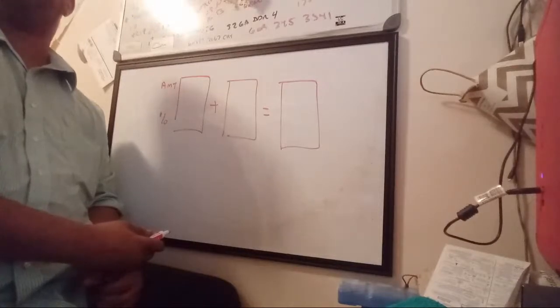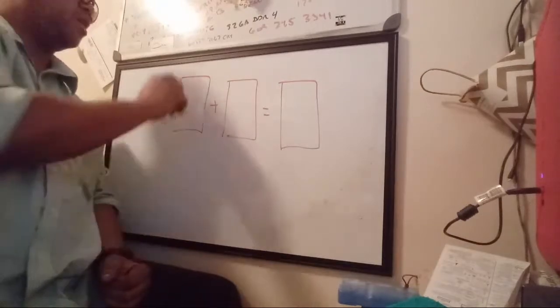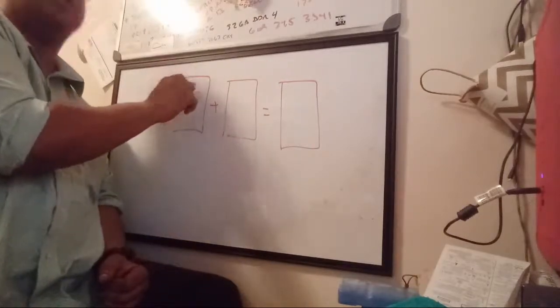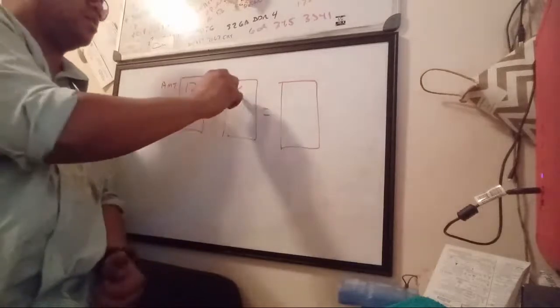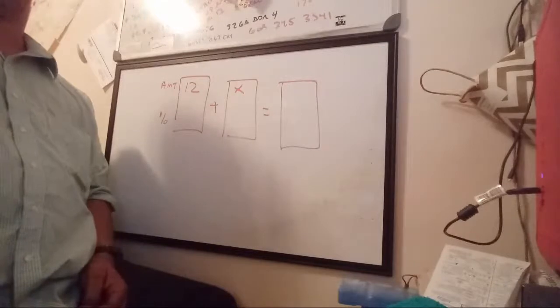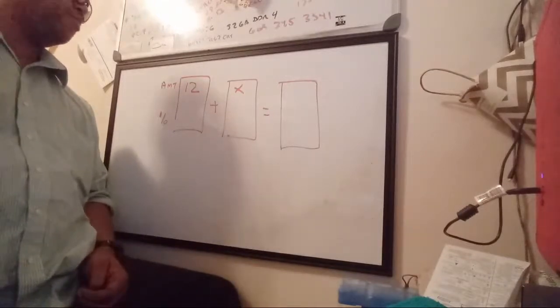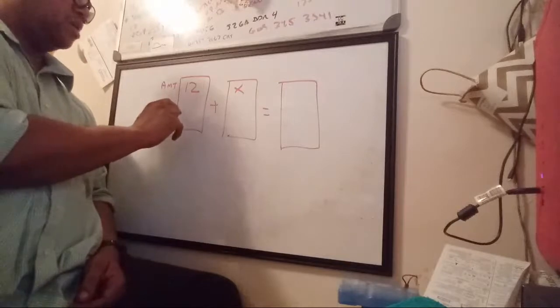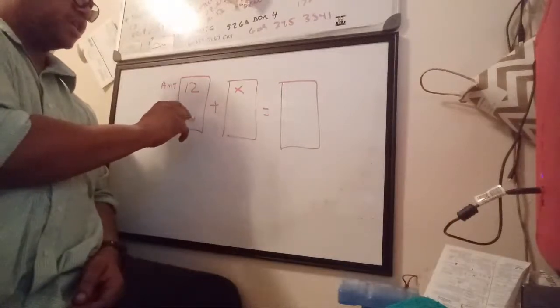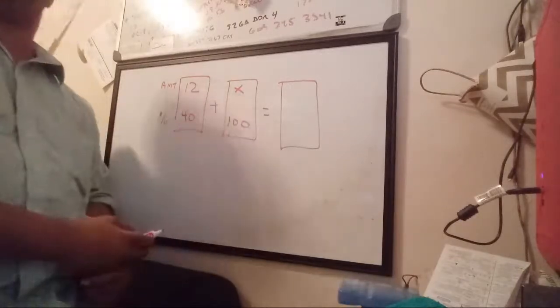Now, we have the amounts up top, and how many ounces do we have of the 40% solution, Jazz? 12. All right, so you could put 12 there. We don't know how many ounces of the pure acid. What are our percentages? 40%, so we put a 40 there, and 100 for 100%. That's pure acid.